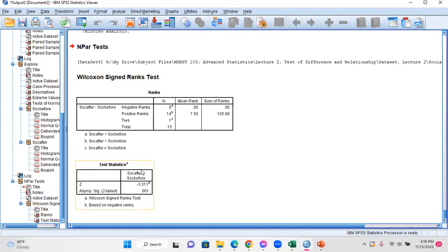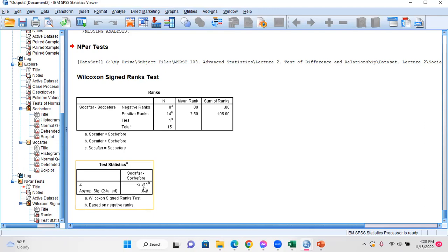Ayan. So, ano ibig sabihin? There is a significant difference in social competence before and after training. Hindi ko sinabi pala kung ano tong problem na to. Ang problem nito pala is a training was conducted to increase social competence.